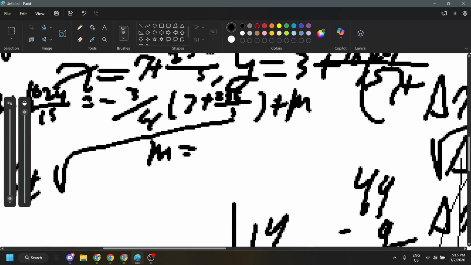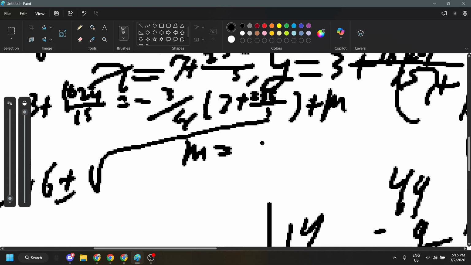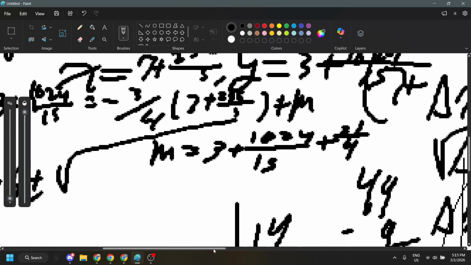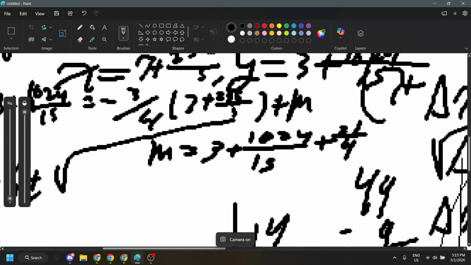So m is going to be equal to 3 plus 124 over 15 plus 3/4, so 21/4, and then 256 over 4 is 64/5 plus 64 times 3 is 192.